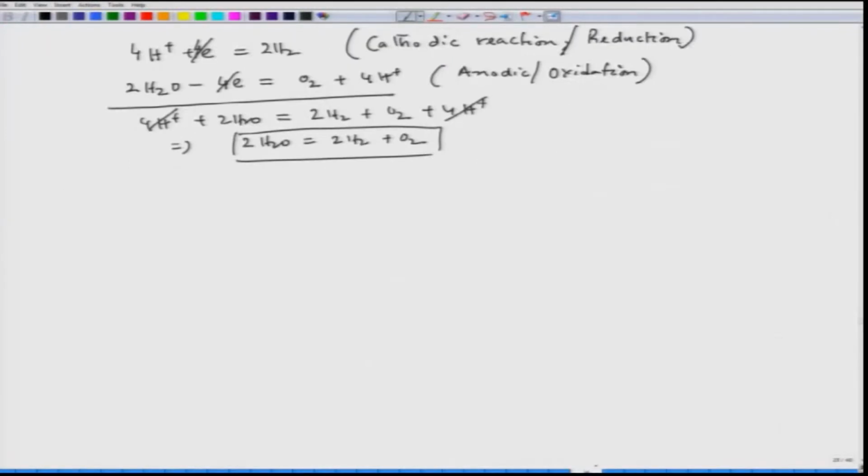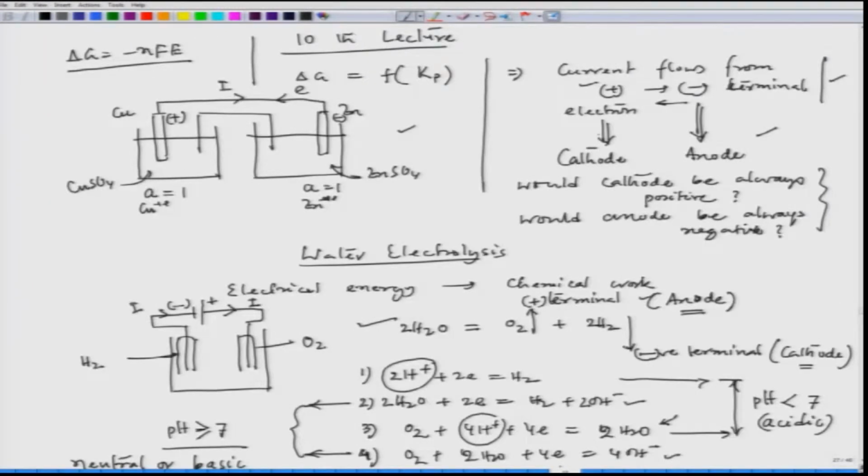So, we can also have the same reaction derived from the other two reactions that are possible in the water system. So, that means we can consider this one and this one, and then also we can have the same reaction products.